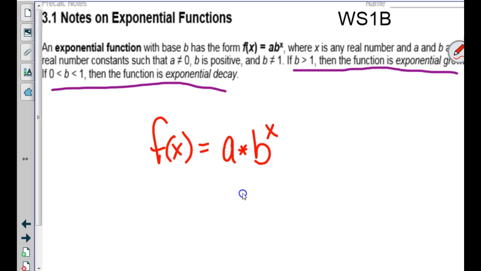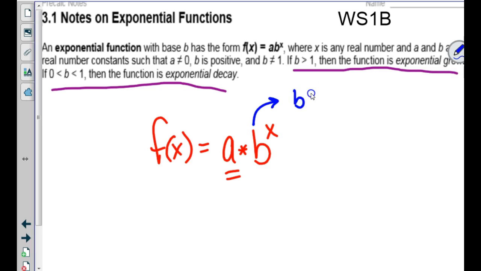a, b to the x. This constant out here will stretch or flip and make things grow faster or slower or decay faster or slower. But whether or not they are growing or decaying is determined by b.